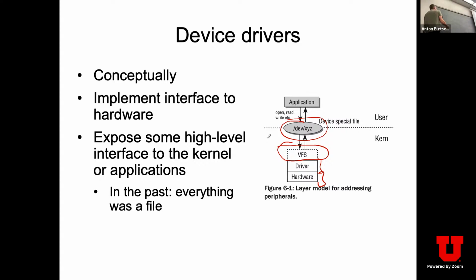That works nicely. So the file seems like a nice abstraction, but with modern devices, imagine you have a network interface, which you can also abstract as a file. You say, oh, this is like writing bytes into the network stream, into the network socket.